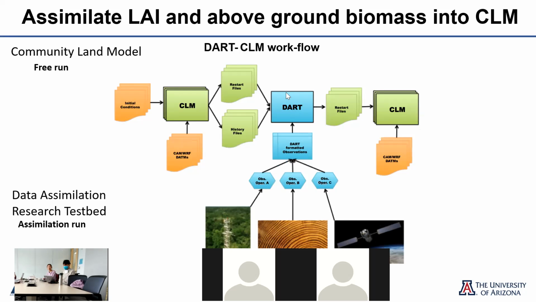If we unplug the blue blocks from this workflow and run it, it is a normal ensemble CLM run, in which case we don't have any observation constraint on the model, and we call it a free run. If we plug the blue blocks back into the workflow and run it, we call it an assimilation run, in which case we assimilate the observations so the model matches the observation.